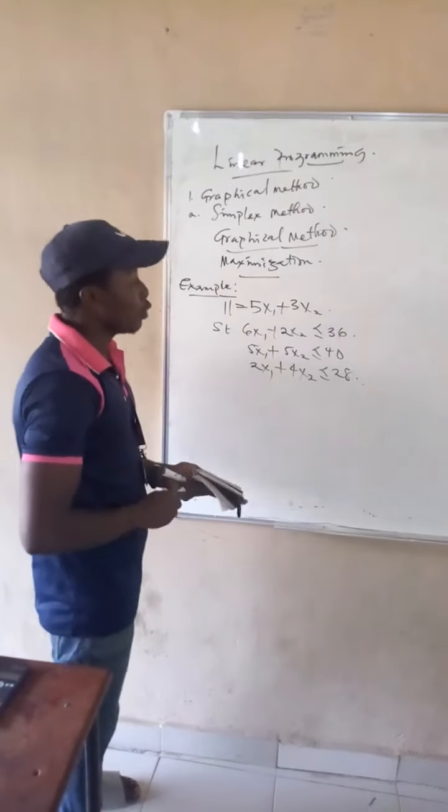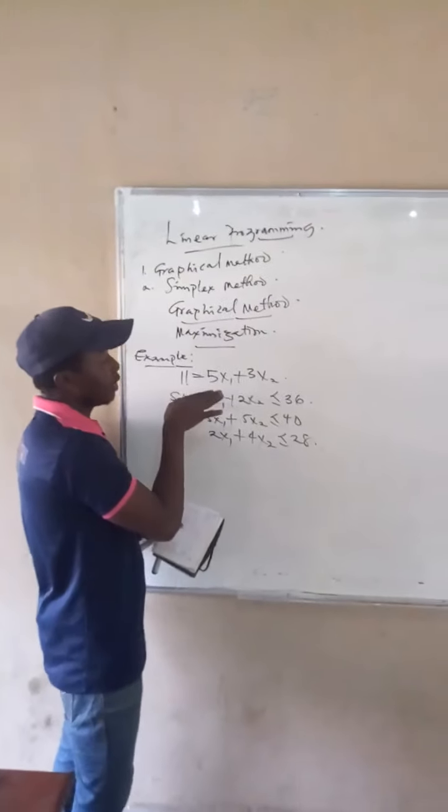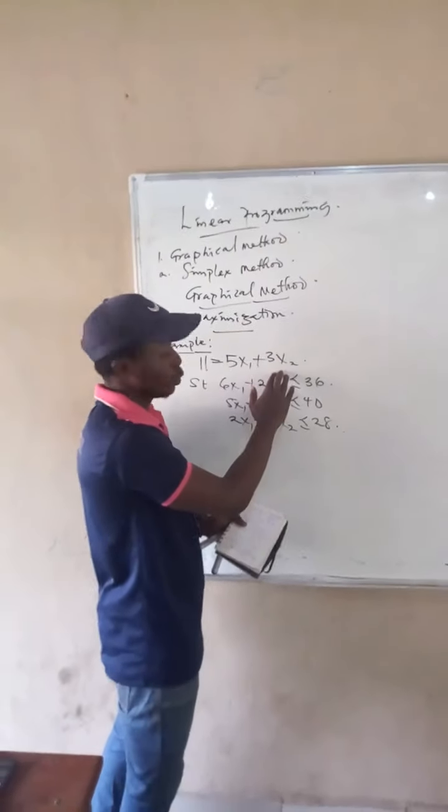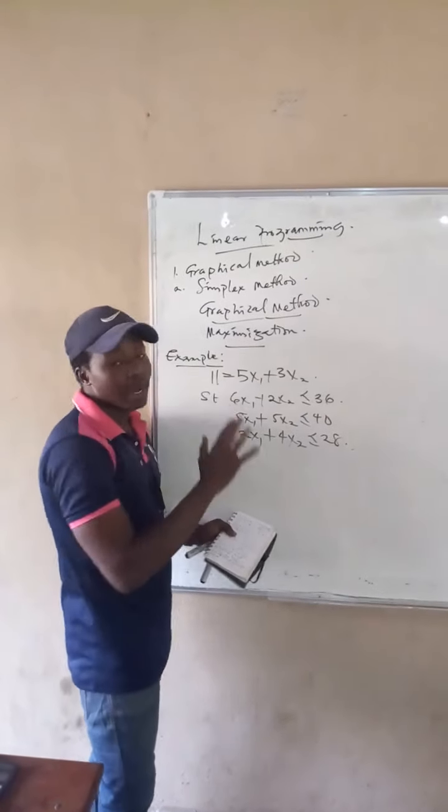Now, the objective function is given to us as 5x1 plus 3x2. This is what we are told to maximize.